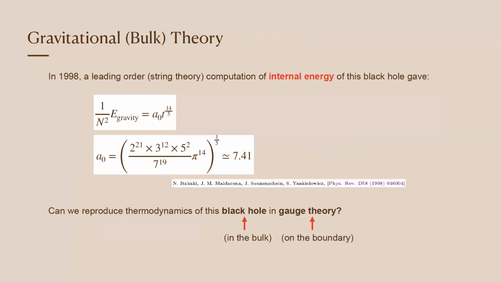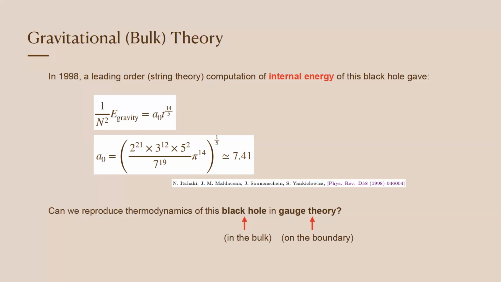In 1998, a string theory computation produced the internal energy of this black hole. So the internal energy of the black hole is some coefficient, which is given by this, times temperature to this specific power. It was derived in this paper.